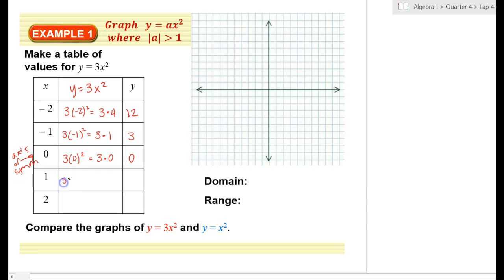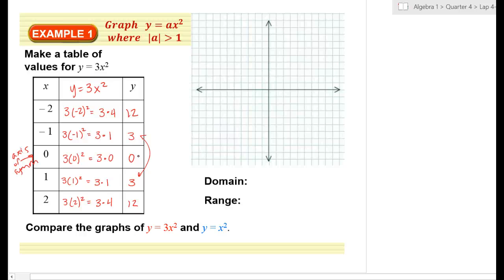When I plug in 1, I get 3 times 1, which is just 3. And when I plug in 2, I get 3 times 4 again, which is just 12. So like I said, negative 1 and 1 are just reflections, as we can see by the same y values. That's when our axis of symmetry is 0.